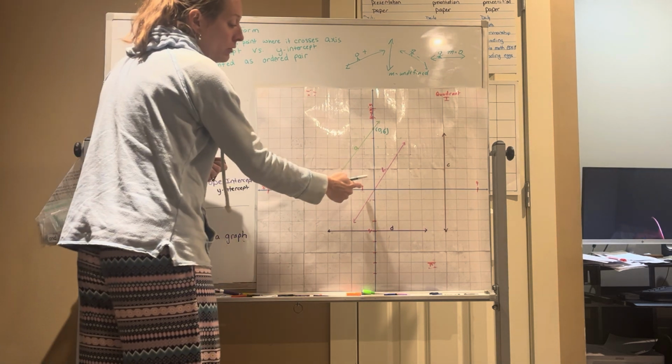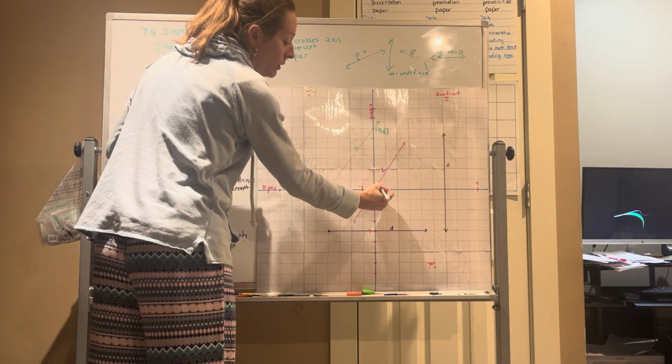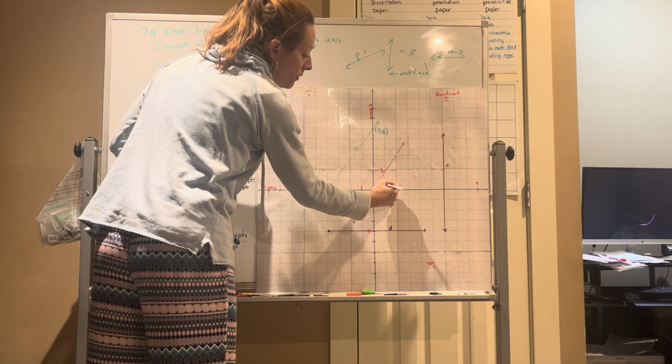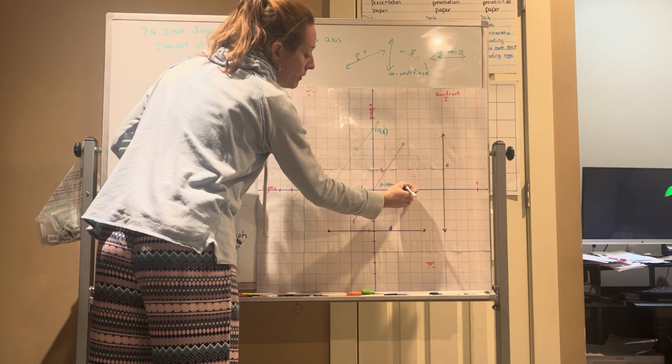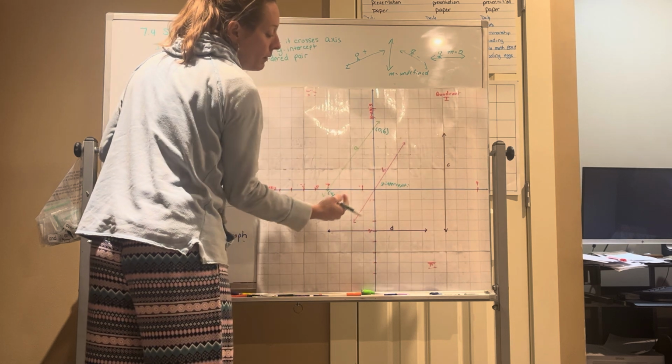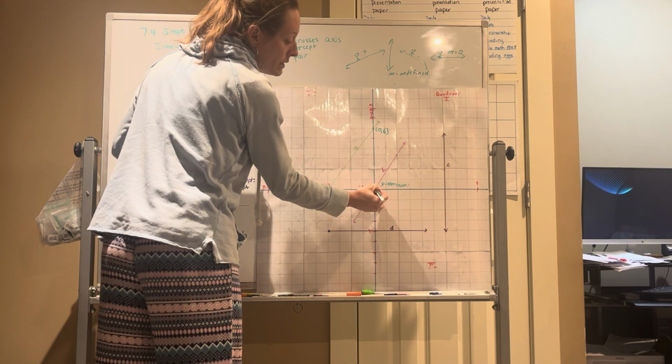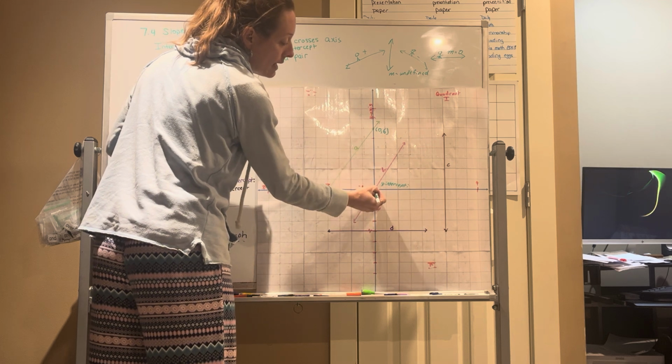The y-intercept for line B right here, well, it's crossing the y-axis at 0.